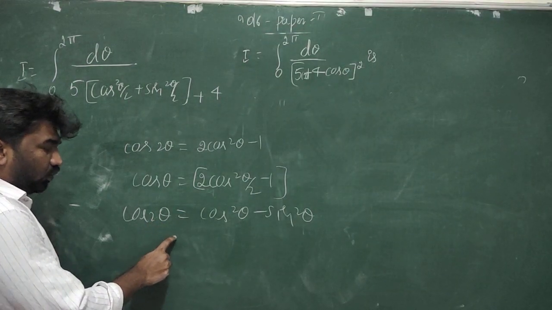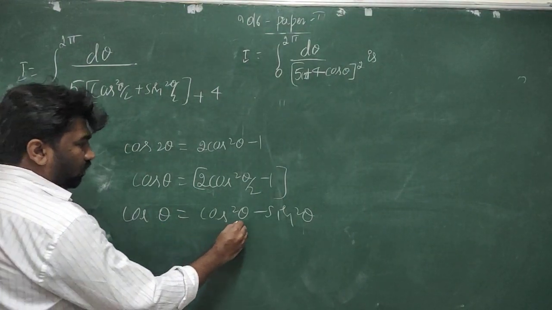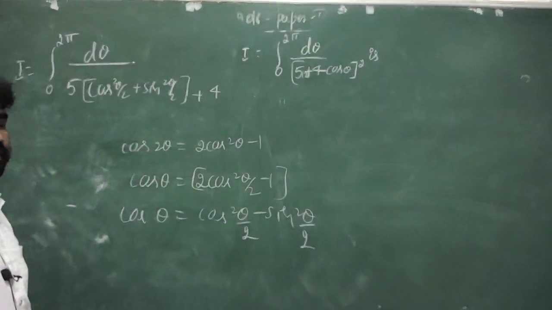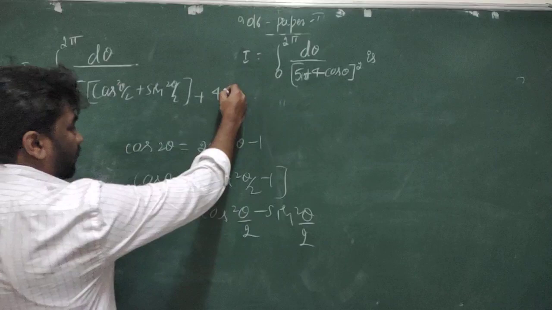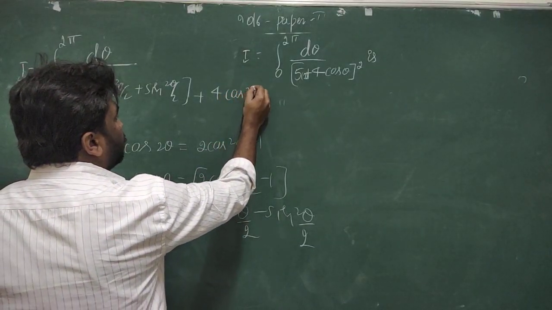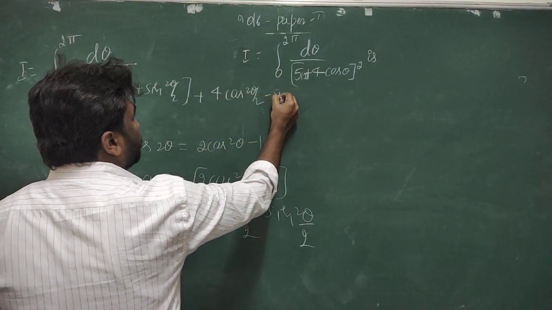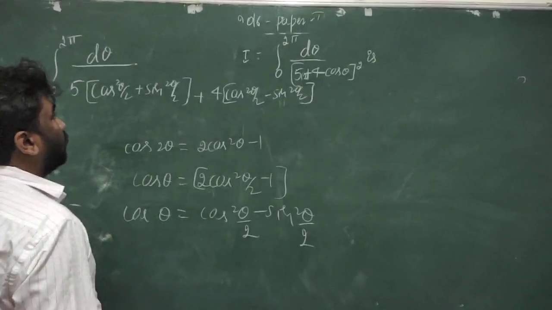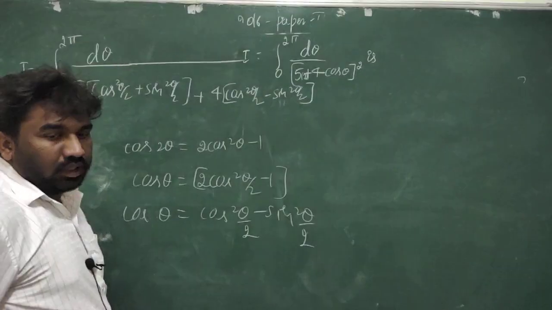So cos theta can be written as cos square theta by 2 minus sin square theta by 2. So let us write here cos square theta by 2 minus sin square theta by 2.